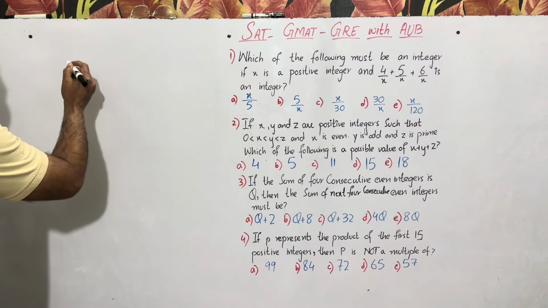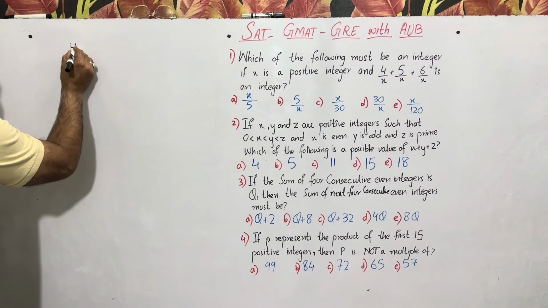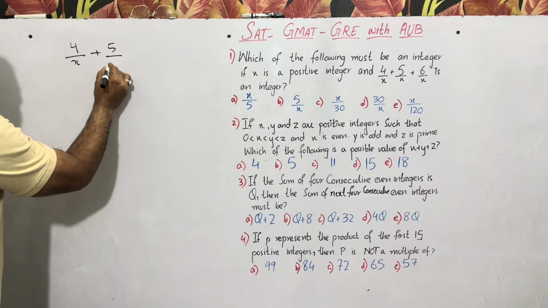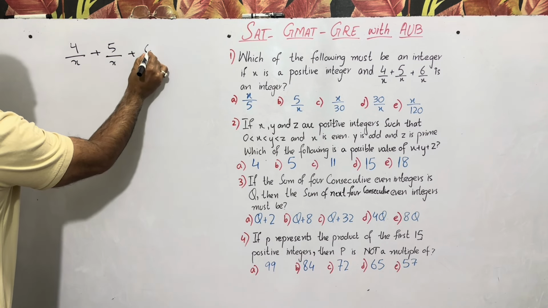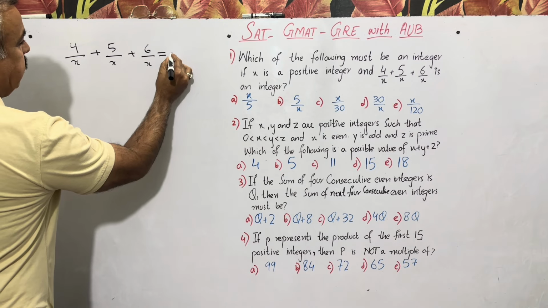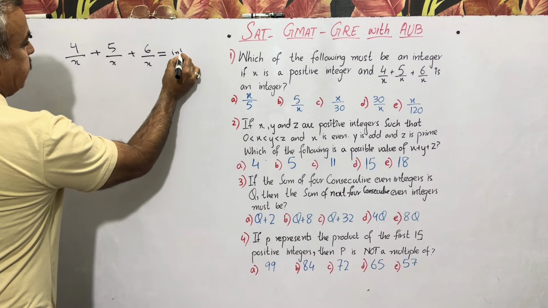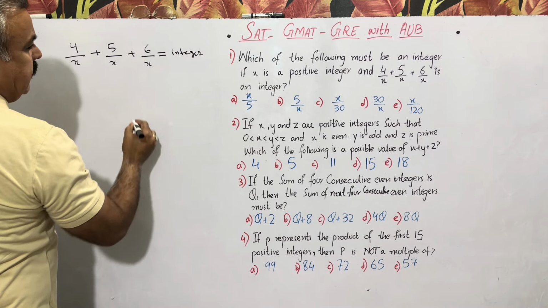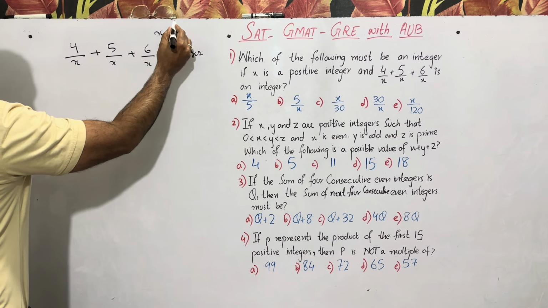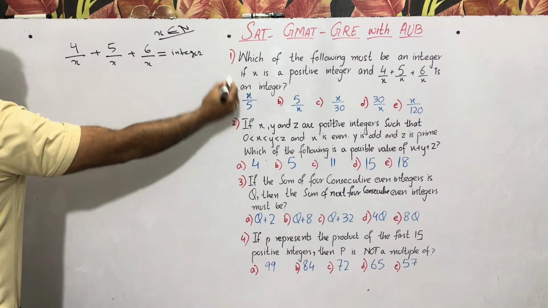We have 4 over x plus 5 over x plus 6 over x is an integer, where x is a positive integer, meaning simply a natural number.